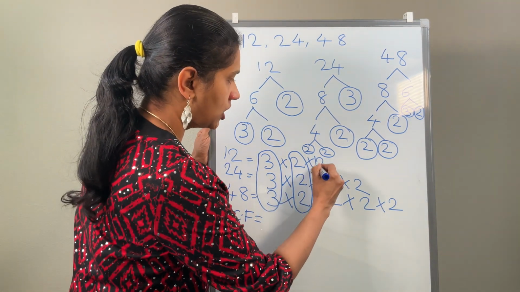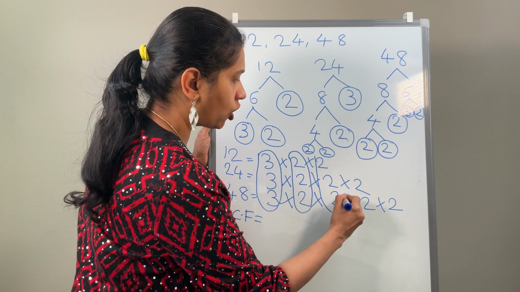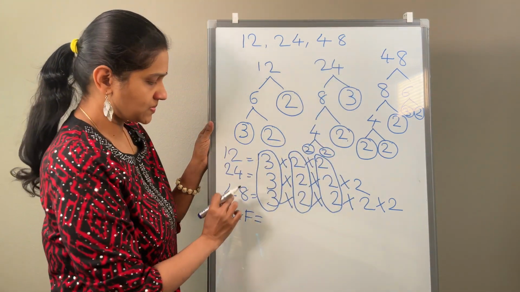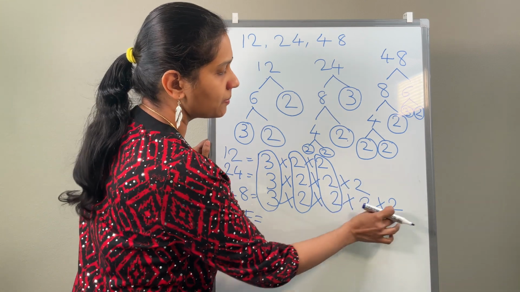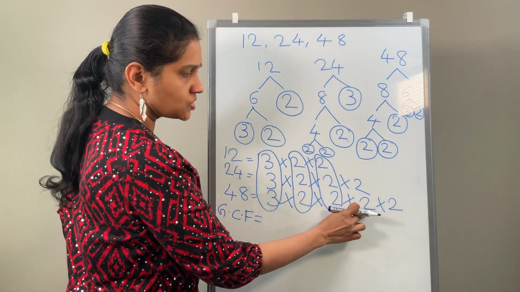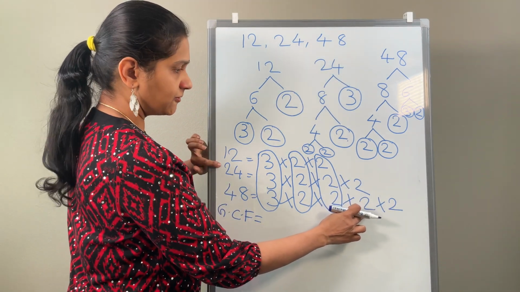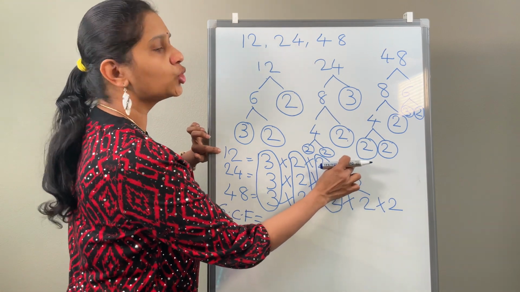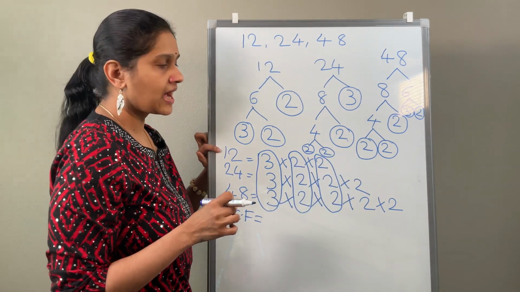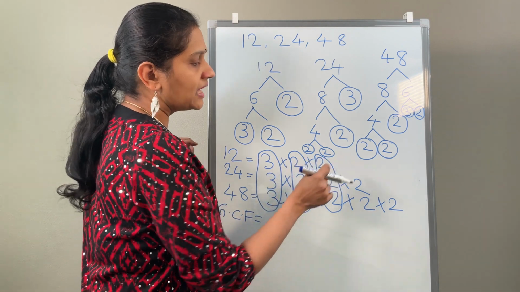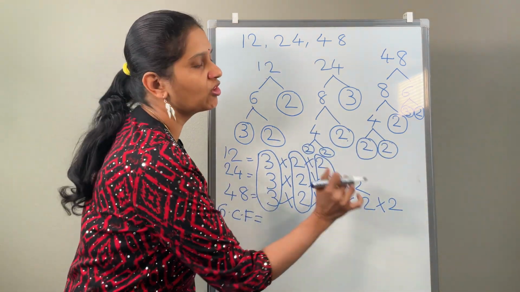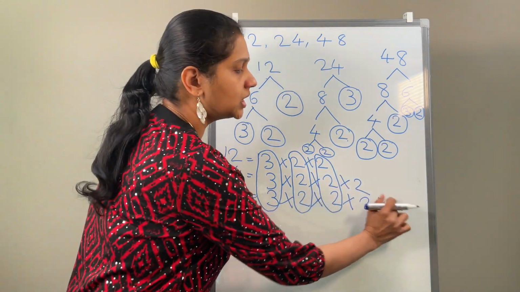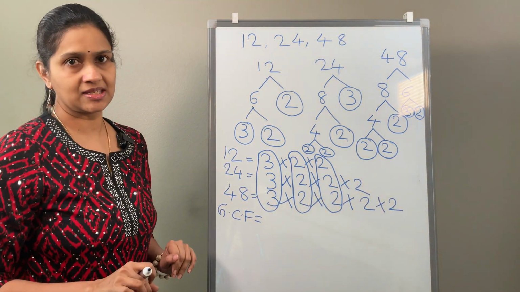Now this next 2 is also common in all the numbers, so I am circling that also. But if you take this last 2, you can see it is available in 24 but there is no more 2 in 12. The number should be available in all these 3 numbers. That only you should circle. The other things you should just leave as such.